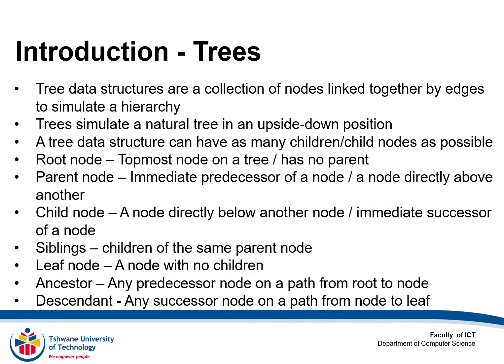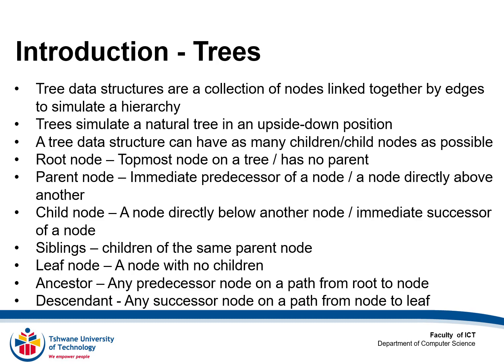And by way of introduction, a tree data structure is considered to be a collection of nodes linked together by edges to simulate a hierarchy. Now, the edges that we talk about here are unidirectional. That is to say, they prevent any cyclic behavior in a tree.